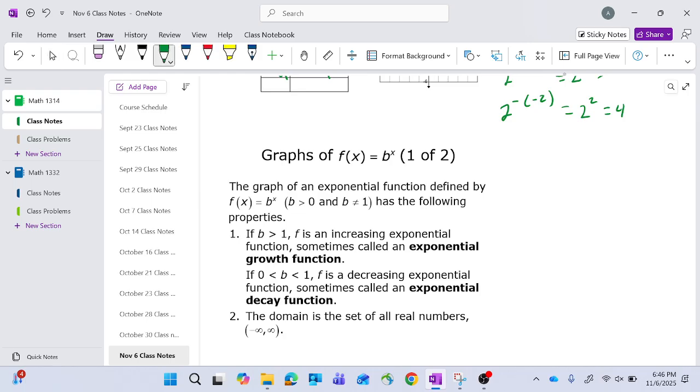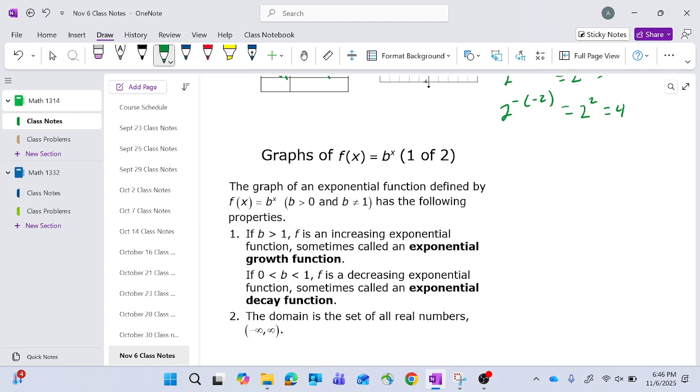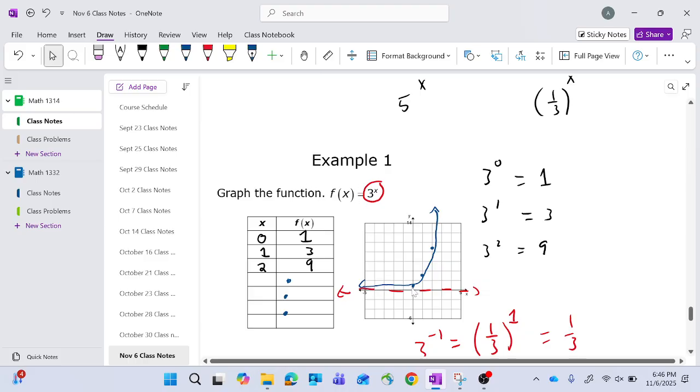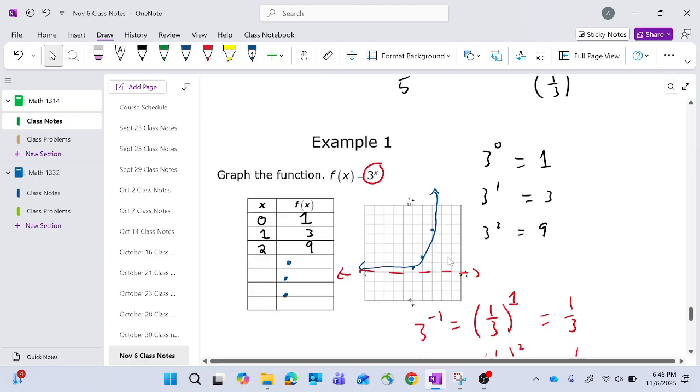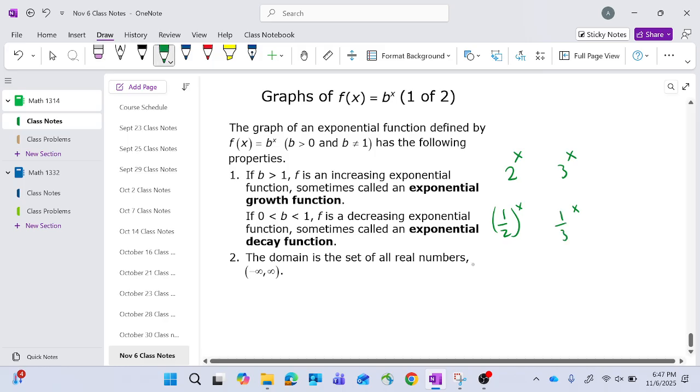So if it's bigger than 1, it's something called a growth function. So if you have something like 2 to the x or 3 to the x, the base itself is bigger than 1, it's growing. You see here, it's 3 to the x, it's going up, it's growing. And if it's a decay function, let's say 1/2 to the x or 1/3 to the x, so anything less than 1 that's still not negative.